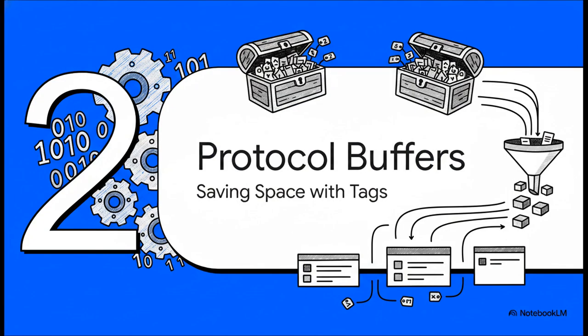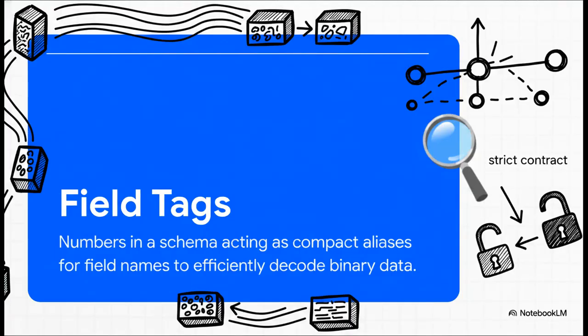Which brings us to Section 2, protocol buffers, and how we can save space with field tags. Let's look at protocol buffers, or protobuf for short. It's a binary encoding library originally developed at Google, and it solves this wasted space problem by just dropping those bulky text field names entirely. But to do that, it requires a formal schema. Instead of strings, protobuf uses field tags.